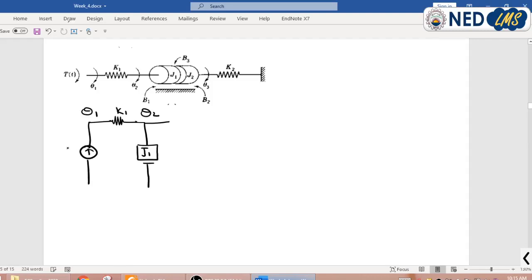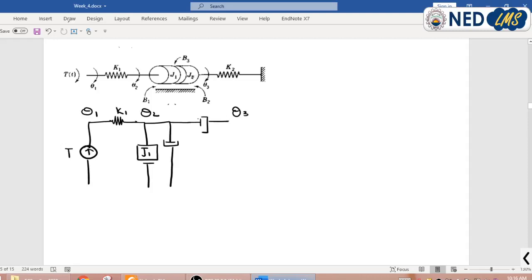And at this theta 2 we have B1, which is basically our damper, and B3, which is a damper transferring this force from point theta 2 to this theta 3. This is my B3. This is my node theta 3.